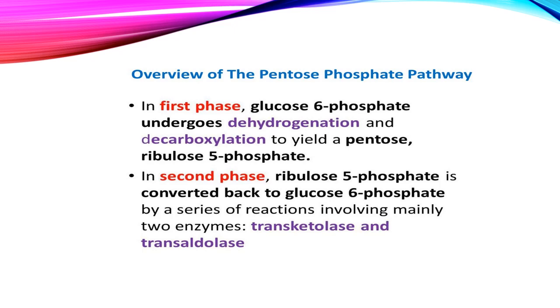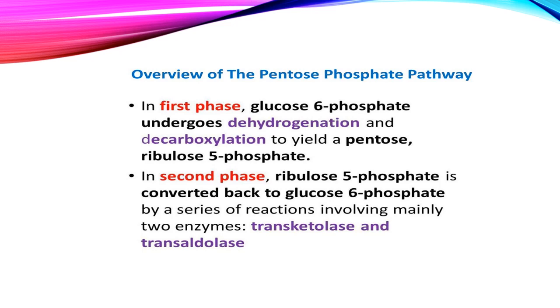Now coming to the second phase. In the second phase, ribulose 5-phosphate is converted back to glucose 6-phosphate through a series of reactions, and it can thus again go back and follow glycolysis. Okay, and this is done importantly by two enzymes, that is transketolase and transaldolase.